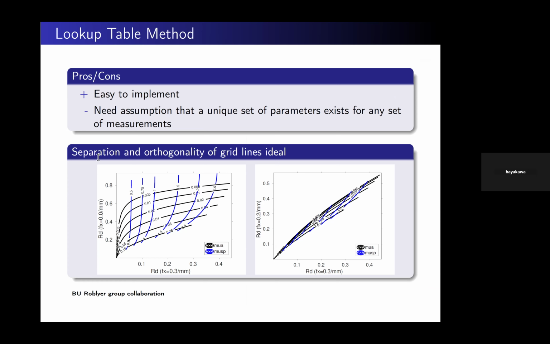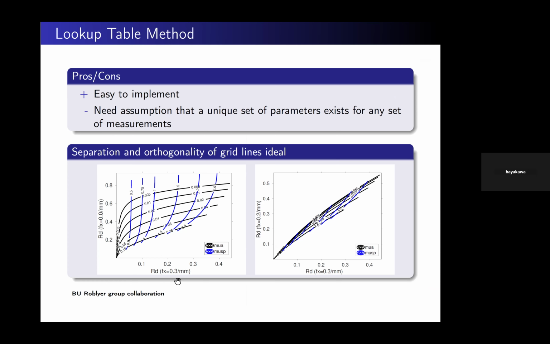So you notice on that picture with David, of course, it's perfect. It looks pretty orthogonal. Those isocurves of mu A and mu S prime are pretty orthogonal. I did some work with Darren Roblyer's group at Boston University, and I chose different spatial frequencies.